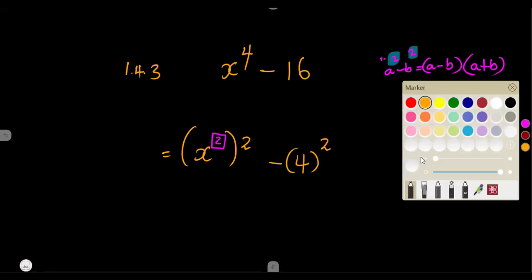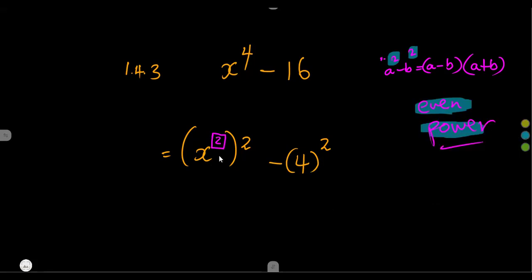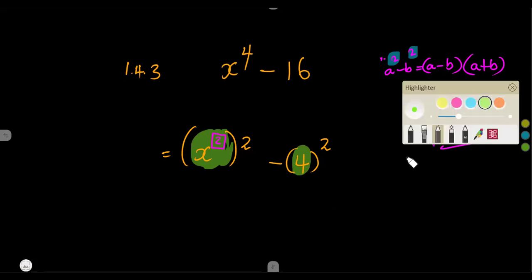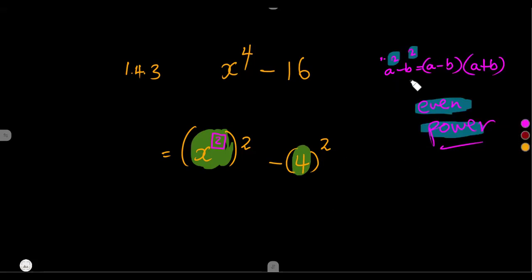We have a certain part raised to the exponent of 2. The whole of this part here, x squared, is raised to the exponent of 2, and also this one is raised to the exponent of 2. Once we see this, we can apply our difference of 2 squares, which states that we're going to have a minus b. So this is our a, guys, this is our b.